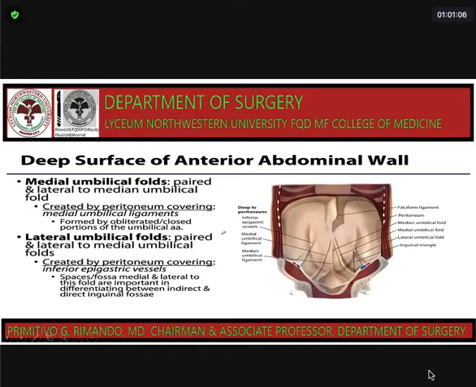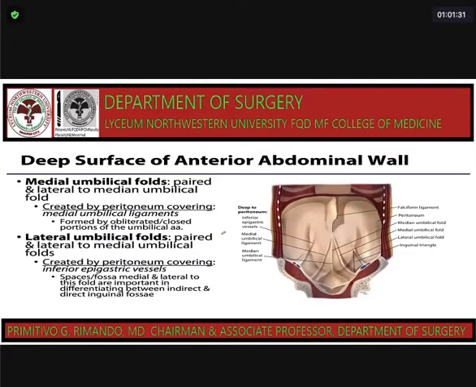All of these have folds in the peritoneum, and they are called either your medial umbilical or your lateral umbilical folds. We know for a fact that these are parts of your vessels during the fetal stage of patients.